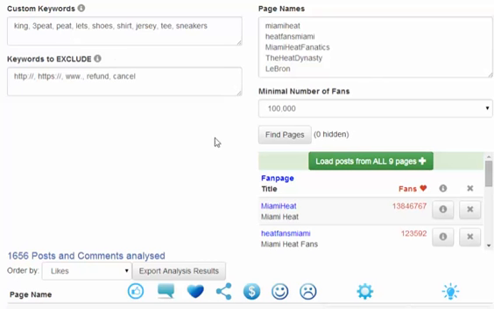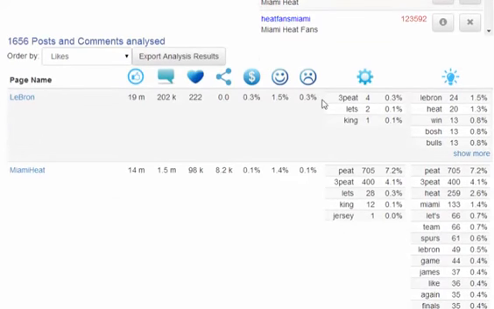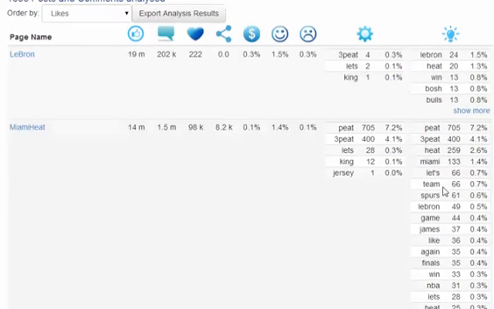And essentially what the tool does is it goes through all of these pages, looks at all the posts and all the comments, and sees how many times those words are used on the page. Then we can look at those percentages, which you can see on the far right here, and based on those percentages we can decide whether that particular fan page or interest is going to be a good fit for our product.